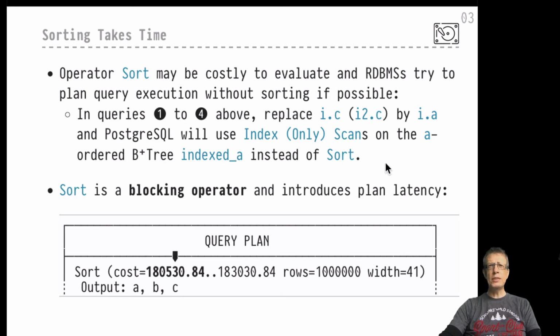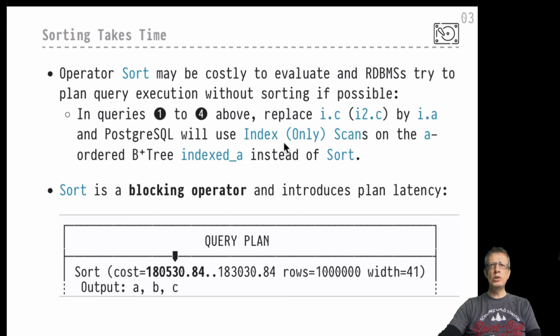If we would replace the sorting criterion by I.A, so we would only very minimally edit the queries, you will see them edited in the buffer in a second. If we minimally edit this query and switch from the C-based to the A column-based sorting, well, then there's the opportunity to use the A index, the B plus tree index, which is indeed sorted on the A values, in place of the explicit sorting.